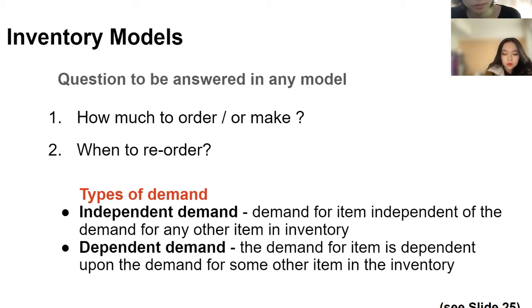Versus dependent demand: the demand for an item is dependent upon the demand for some other item in the inventory. A typical example is this. If I am in production of cars, and today my production target is 200 cars, and in one car I need to install 4 tires, how many tires do I need to order?